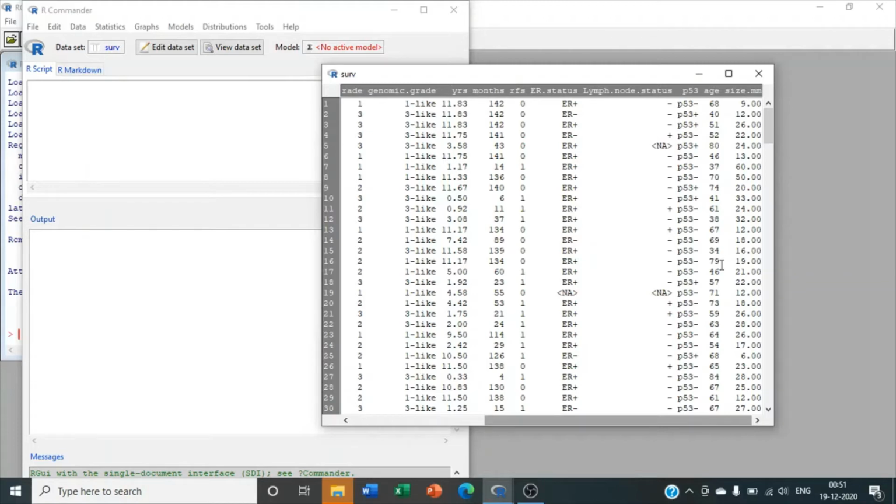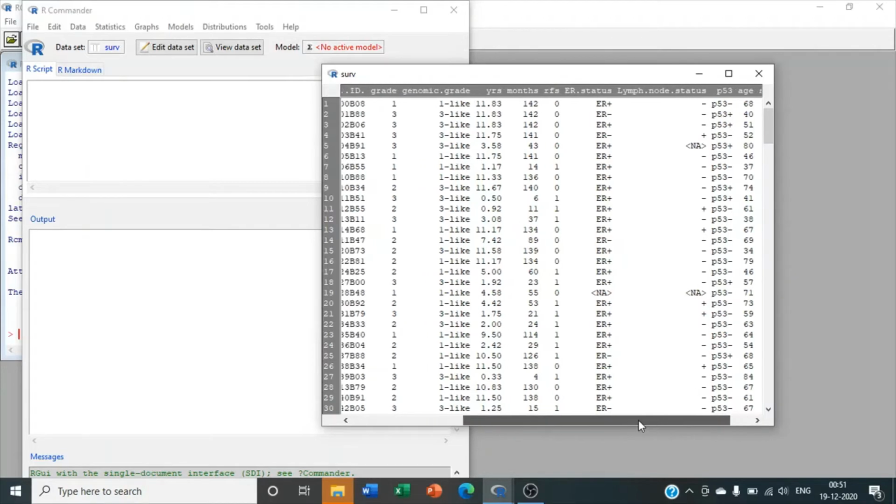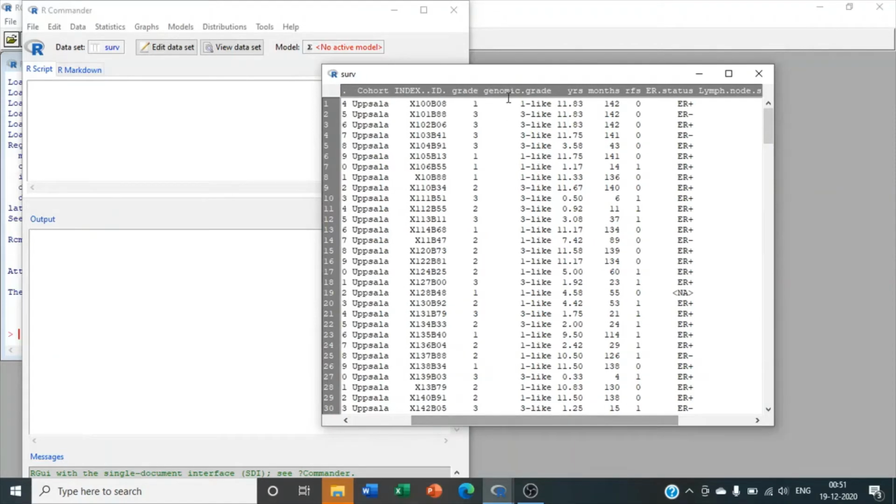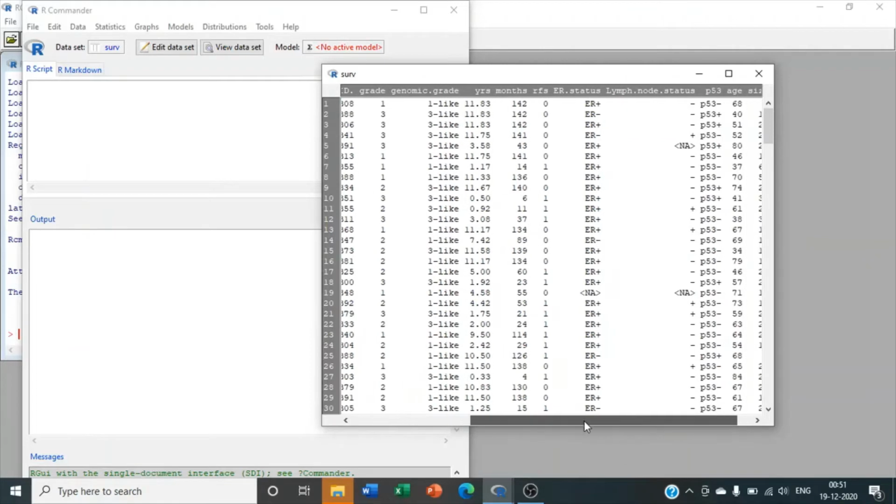a variable they are. We know over here the grade of breast cancer, that's an ordered categorical variable, grade 1, grade 2, grade 3, an increasing order of aggressiveness. Then ER status, that's a categorical variable, ER negative, ER positive. That's a categorical variable which is dichotomous.